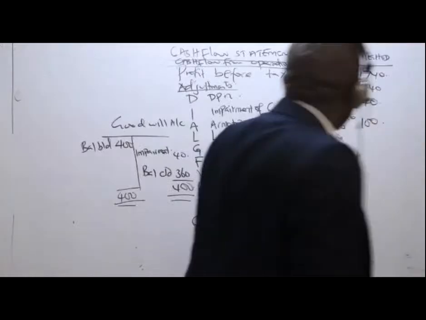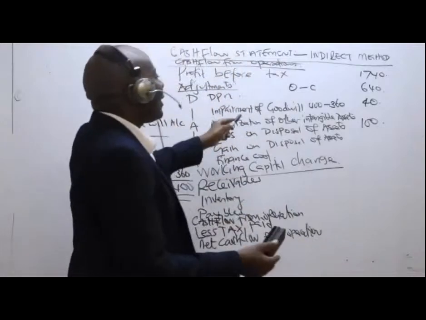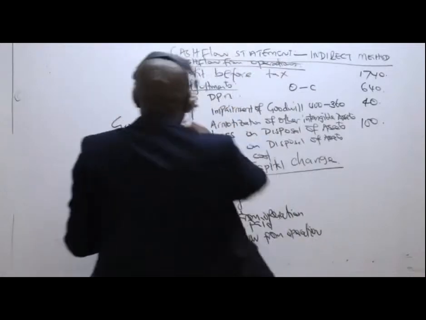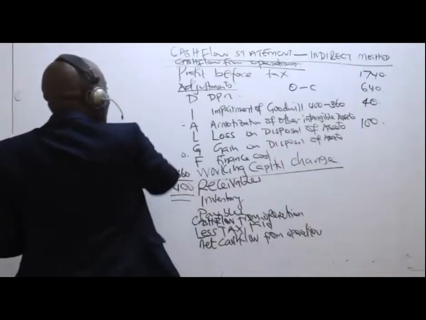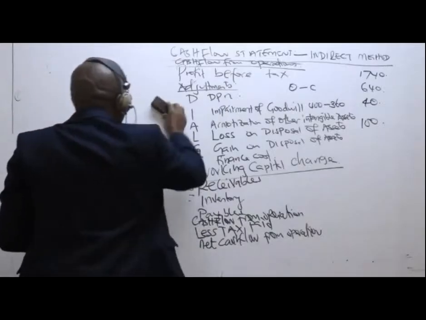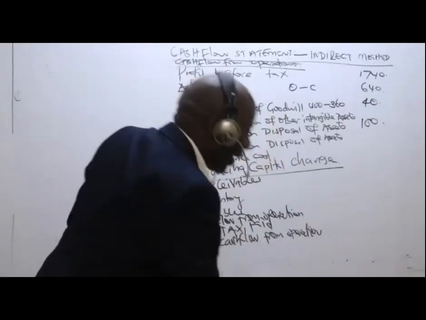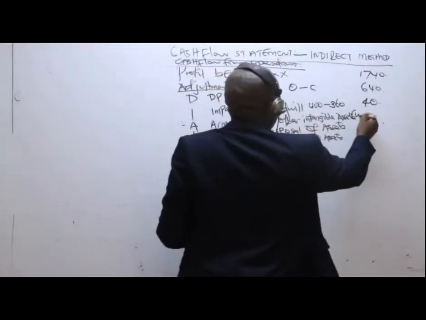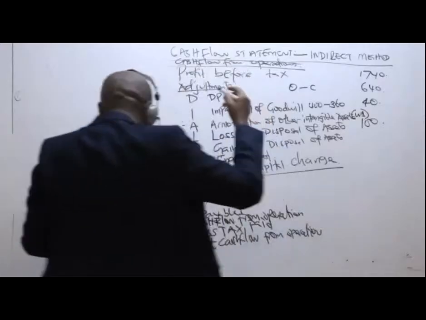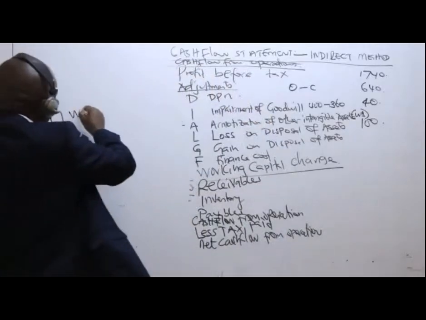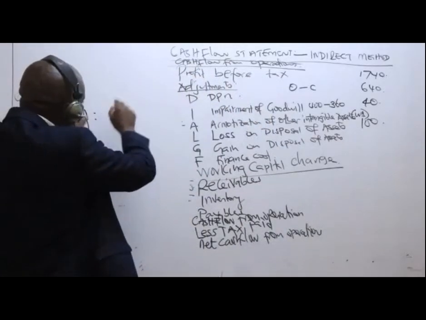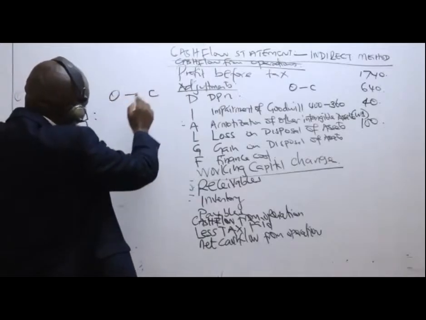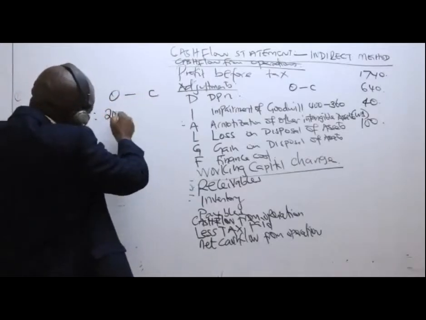So for the amortization of other intangible assets, what do I have here? You can come and put this aside and say working one. So working one, what do we have here? I know it's always opening minus closing, and we opened at 200.